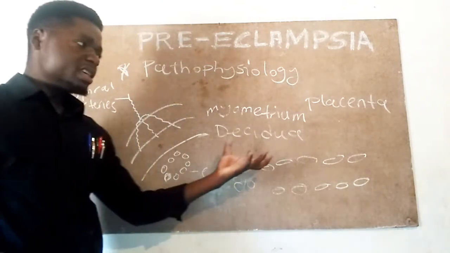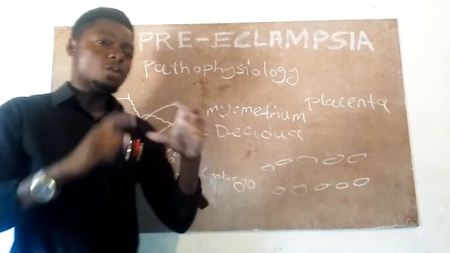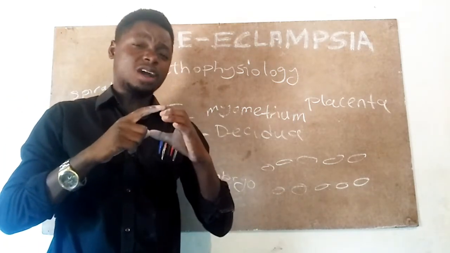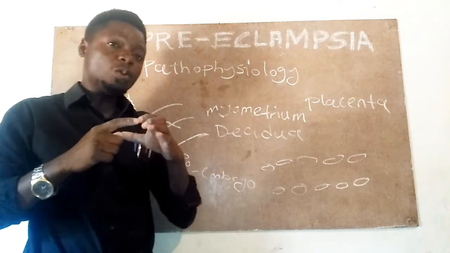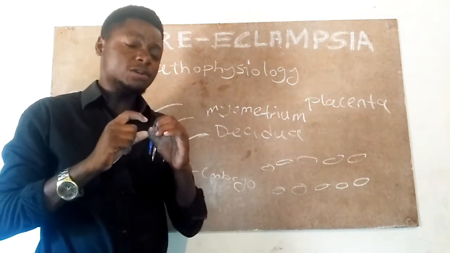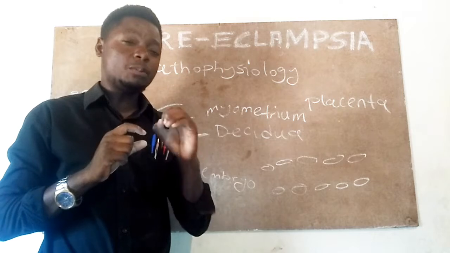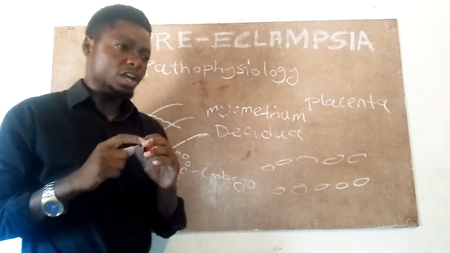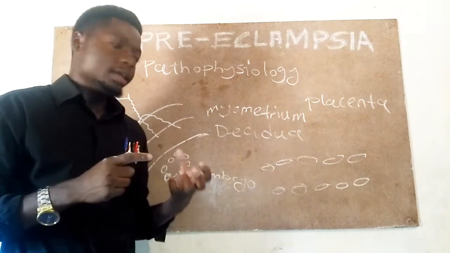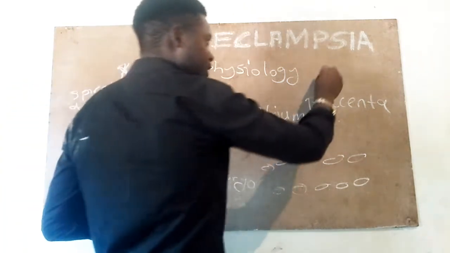And what do these endothelial cells do? They control the tone of the blood vessel and the elasticity. And what does that mean when those endothelial cells are damaged? Well, of course, the blood vessels are going to remain constricted and fail to relax, and that can bring about hypertension.